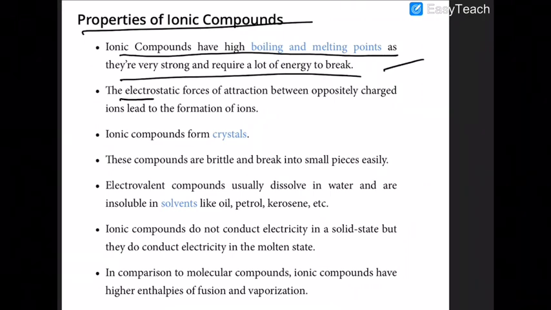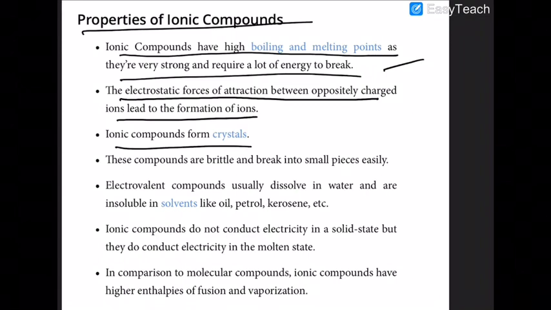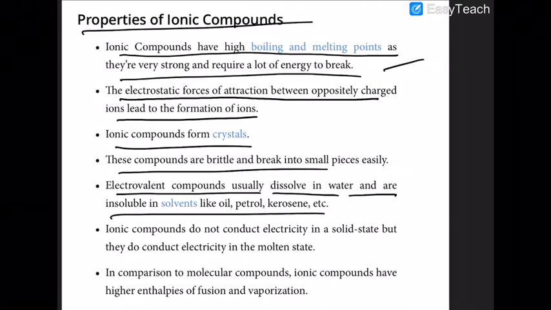The electrostatic force of attraction between oppositely charged ions leads to the formation of the ionic bond. Ionic compounds exist as well-designed crystals. These compounds are brittle and break into small pieces easily. Electrolyte compounds usually dissolve in water and are insoluble in oil, petrol and kerosene.